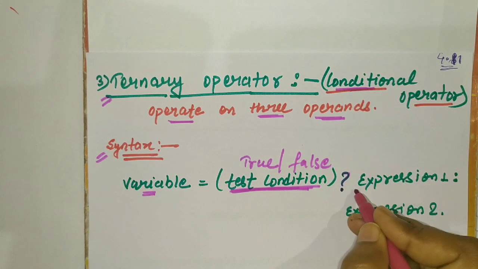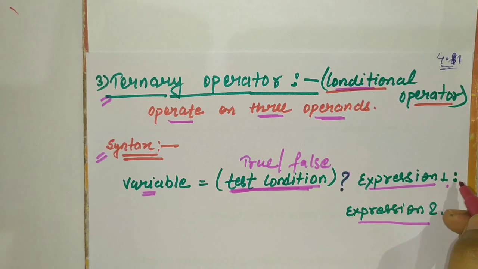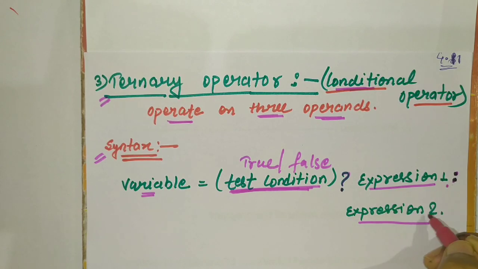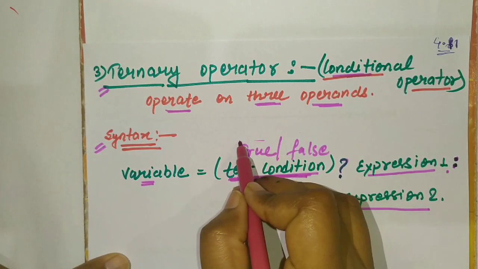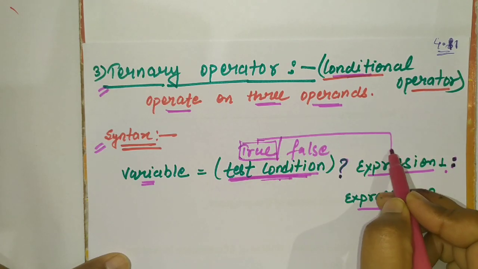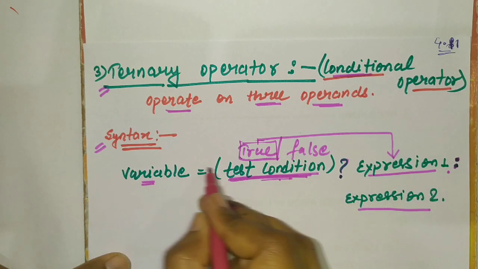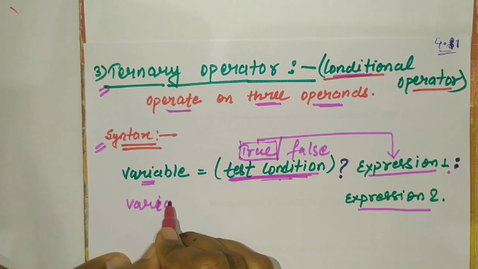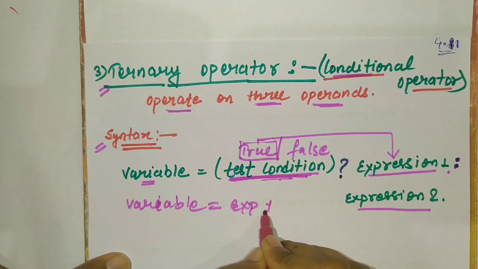After the question mark there are two expressions, expression 1 and expression 2, separated by a colon sign. If the test condition is true, then it goes to expression 1. That means if the condition is true, the variable is expression 1.